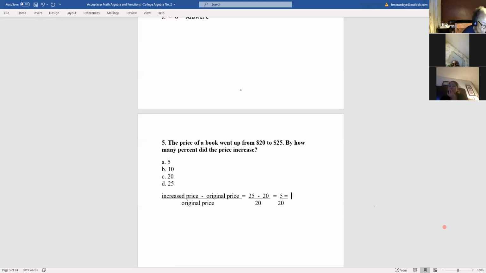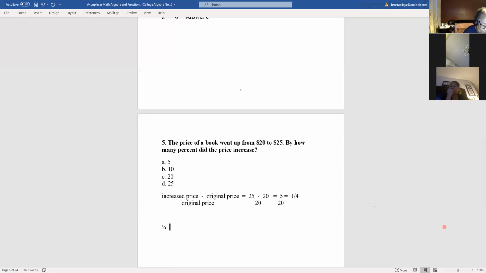I'm looking for 1/4, but then I finally found the 25. By how many percent did it increase? So that means you're going to convert 1/4 to 25%.